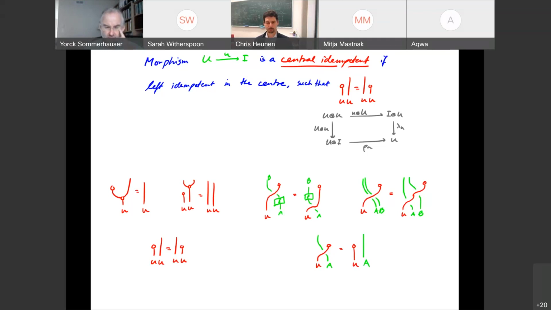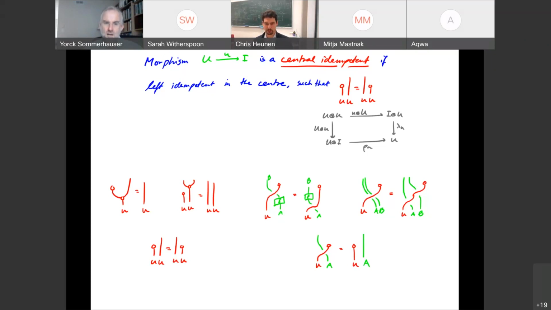My question is different. You have these pictures with the green lines in them. Why does the lowest one, the third one, not imply the two above? Oh, I see. I'm sorry. The two above should not have the dot on the top. That's a typo. The two on the top should say that U has a half braiding.